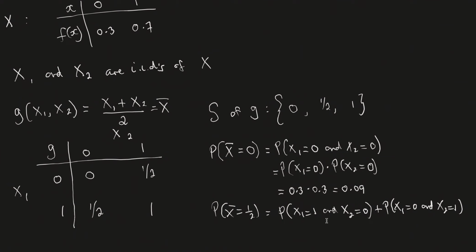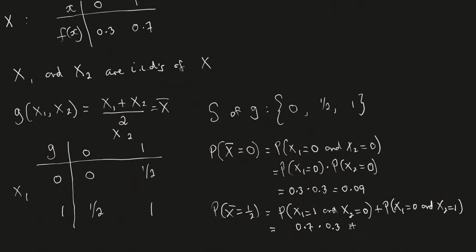And again, because of independence, we can break this up. So the probability that x1 is equal to 1, that's, I'm sorry, no, that's 0.7, times the probability that x2 is equal to 0, that's 0.3.